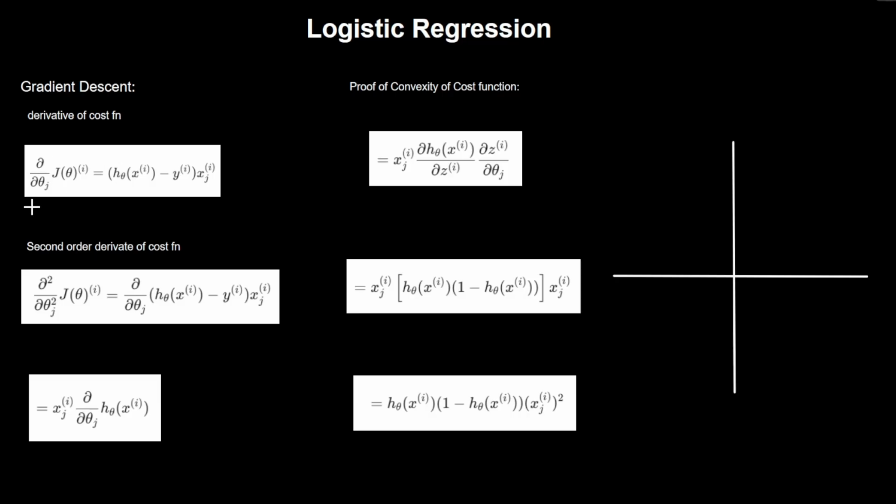As we said, we have the first order derivative which we derived before. Now we have to do the partial second order derivative of this. Here we have the notation for it. You have to differentiate this again with respect to the theta j parameter. If we do that, here y_i and x_ij are constants with respect to theta j.